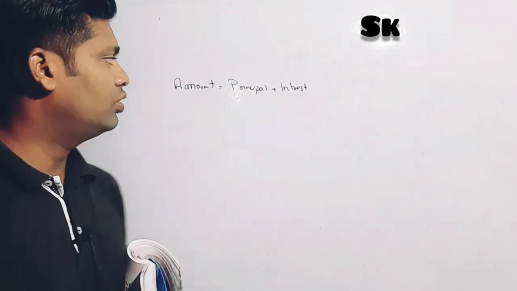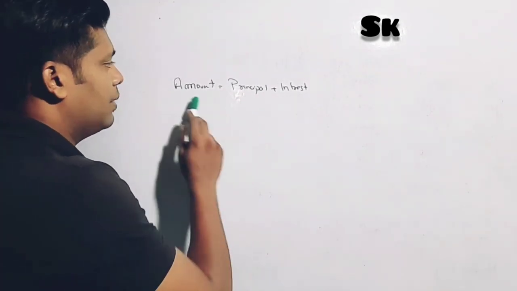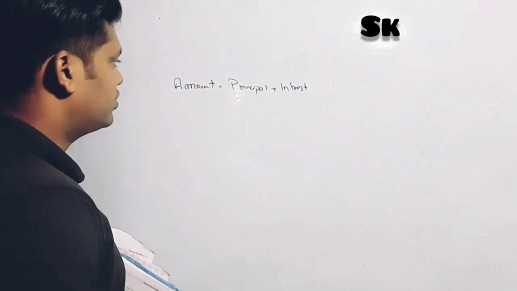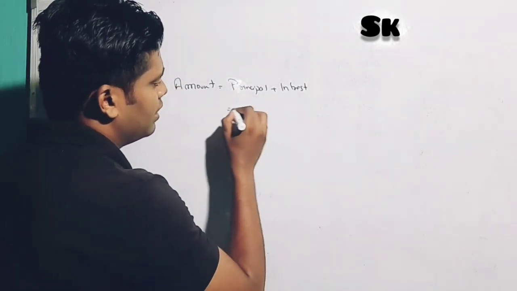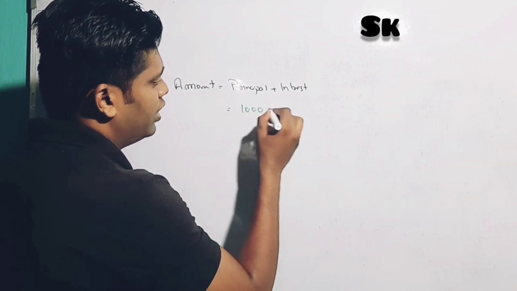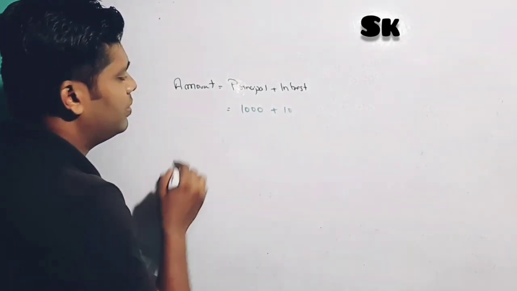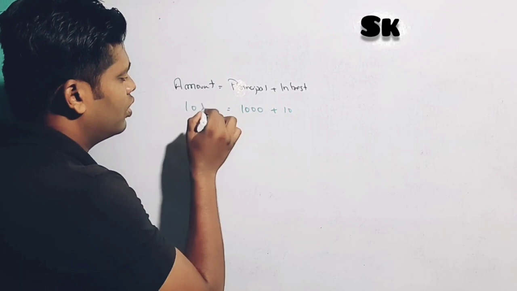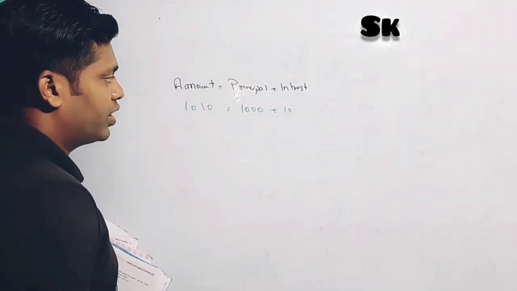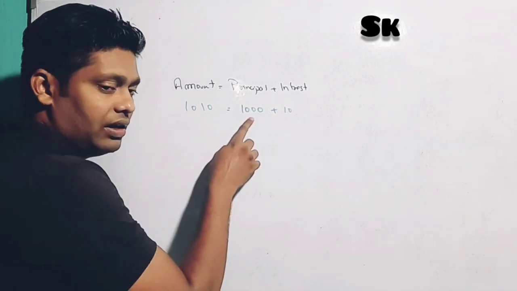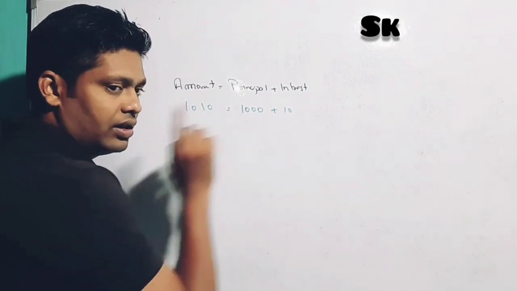So how to differentiate between principal, amount and interest? Now you see this one. For example, if principal is 1000 rupees, interest is 10 rupees, so amount will be 1010.